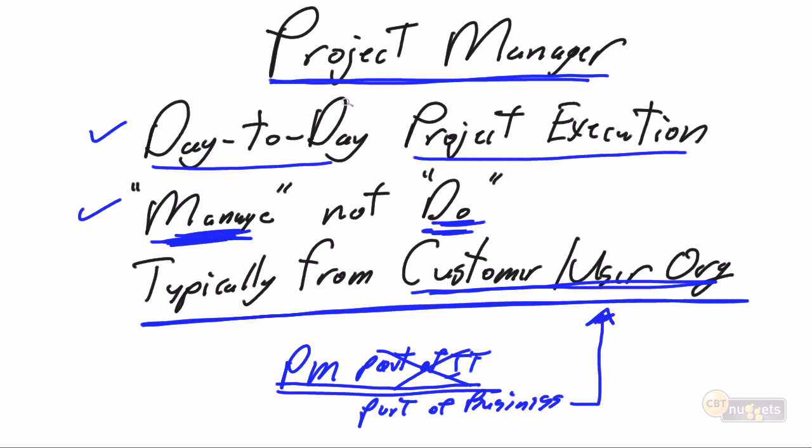Doesn't change the role of what the PM is, it simply changes who the PM ultimately reports to in terms of the organizational hierarchy. So again, my experience is the PM typically doesn't come from the customer user organization, but again, to pass your PMP, the PM will come from the customer user organization. But again, I will reemphasize, it doesn't change the expectations of what the project manager does, it simply changes who the PM's senior manager or first level up the food chain is in terms of reporting.